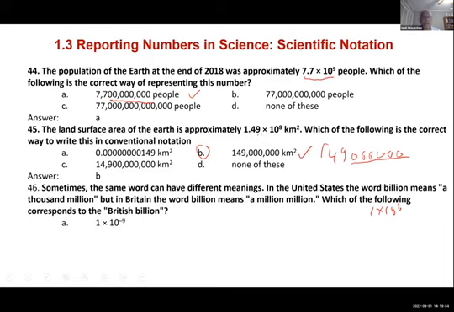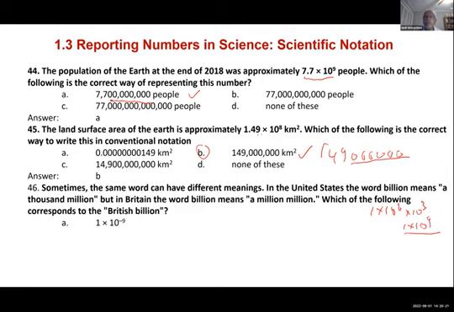1,000 million is a billion. 1,000 is 10 to the 3. Therefore, in the US, billion means 1 times 10 to the 9.